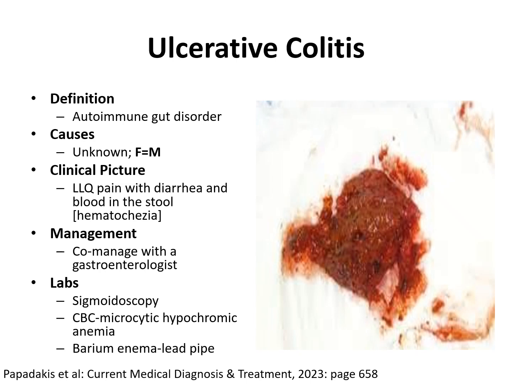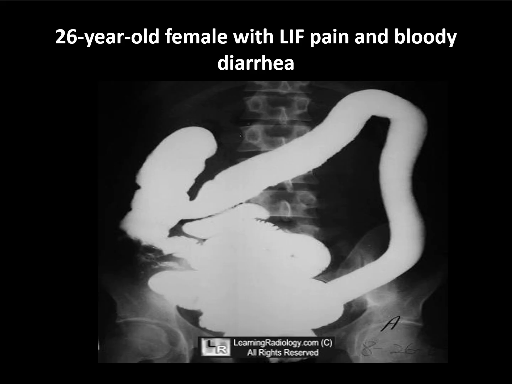Barium enema will then reveal the classic lead pipe appearance. This is what the barium enema in a patient with ulcerative colitis looks like. A certain amount of barium sulfate was introduced via the rectum.